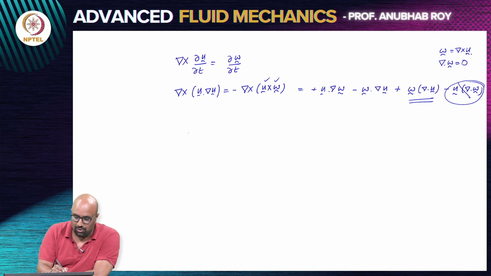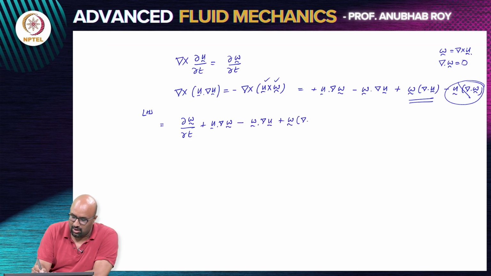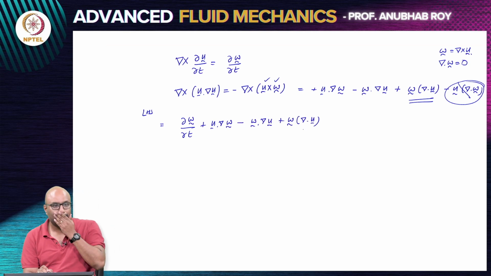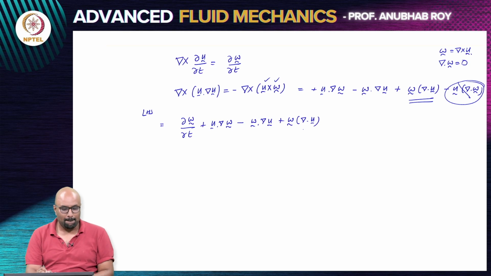So, now if you write your LHS, it is ∂ω/∂t plus u dot del ω minus ω dot del u plus ω del dot u. That is your left hand side.